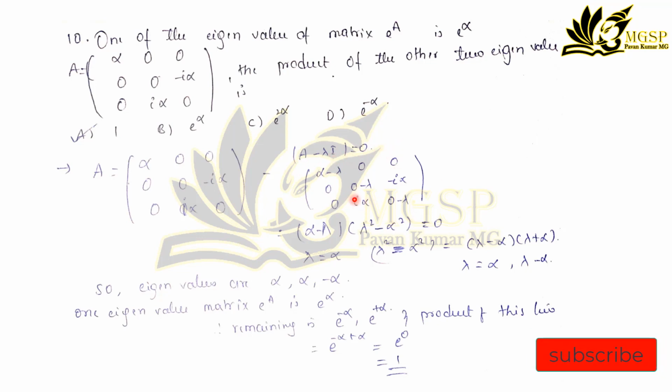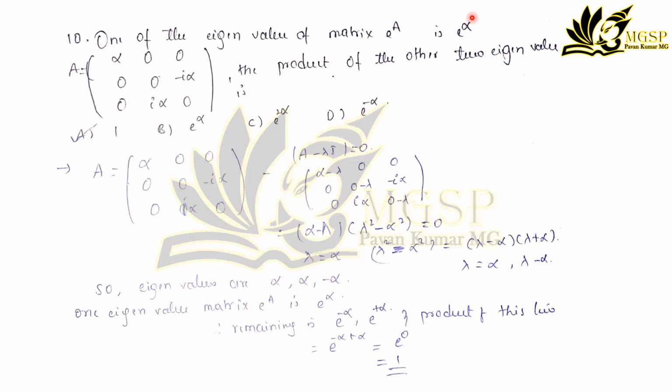After solving, we get alpha minus lambda, alpha square minus alpha square, alpha minus lambda, lambda square. i into i is minus 1, and minus of minus 1 will be plus 1. So this can be represented as lambda minus alpha times lambda plus alpha. One lambda will be alpha, another lambda will be equal to minus alpha. So the eigenvalues are alpha, alpha, minus alpha.